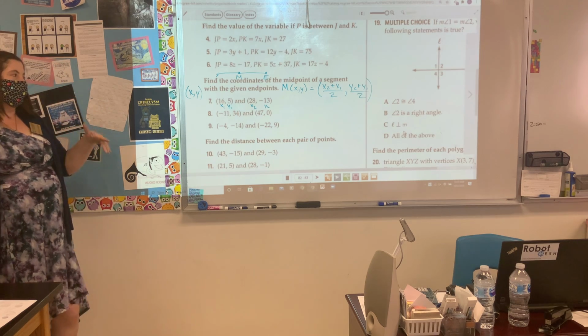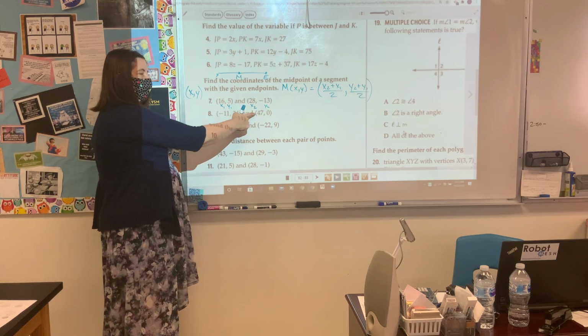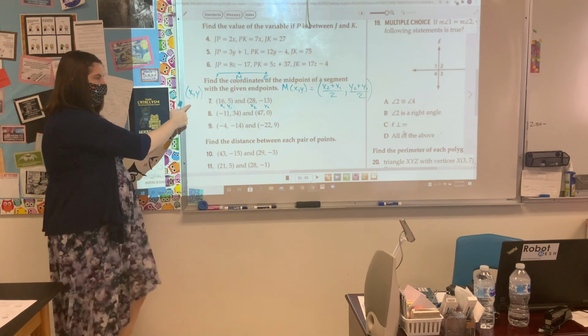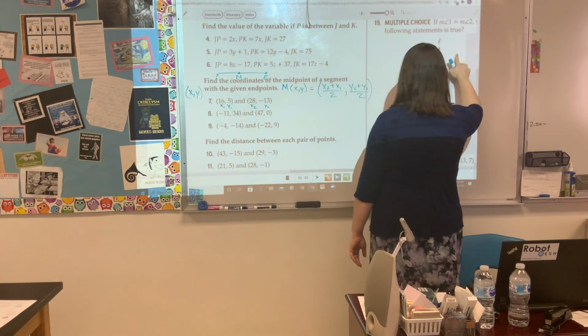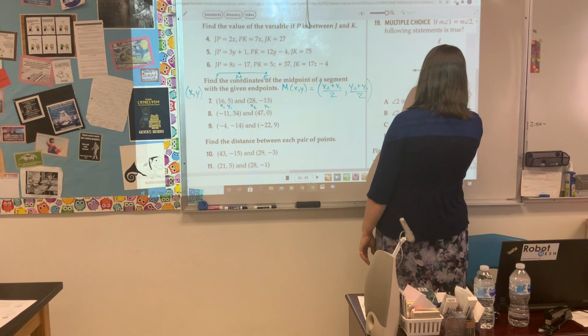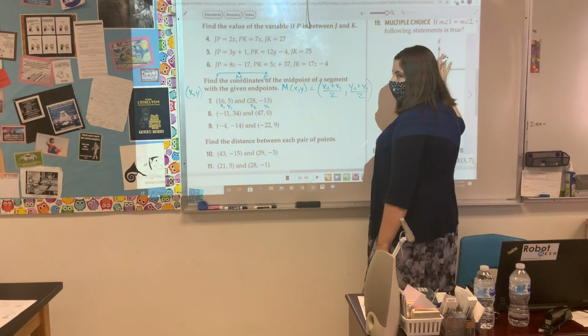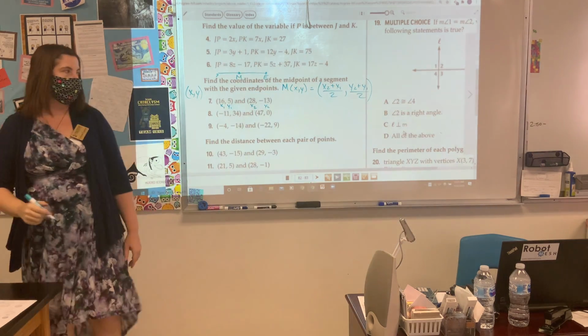The problem is some people mistakenly, somewhere in their homework and on tests, start going x, x, y, y. Can't do that. Every point is always going to be how many x, how many y. That's how we locate them on the coordinate plane, x then y, in 2 dimensions.